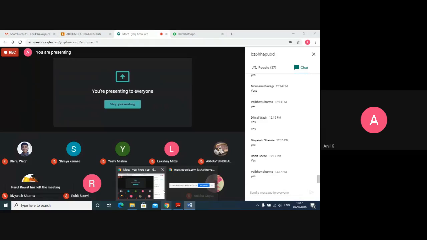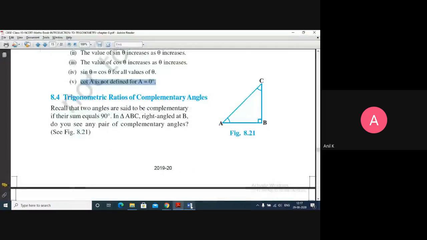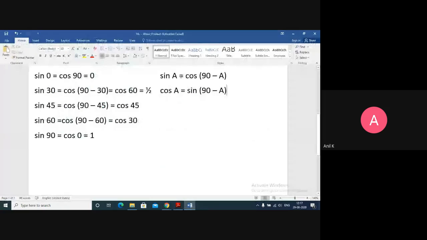Okay. So this is another set of formulas. If you want, I can put the formulas below here.